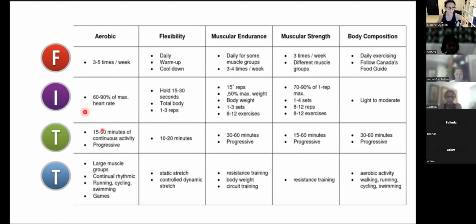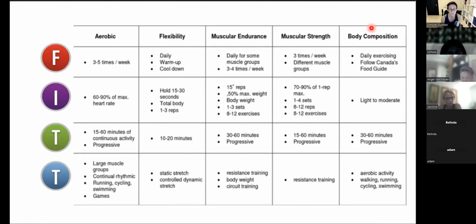The FIT principle could look like this for an aerobic workout, flexibility, endurance, strength, and body composition. So if someone wants to go for bodybuilding, for example, or losing fat, this is an example of how it could look.